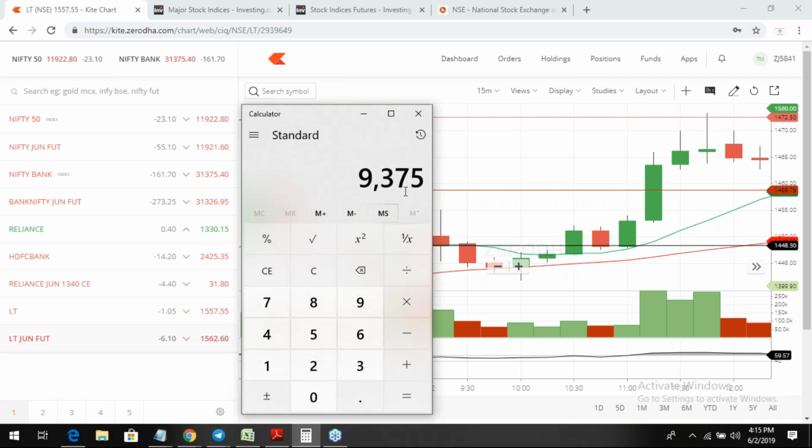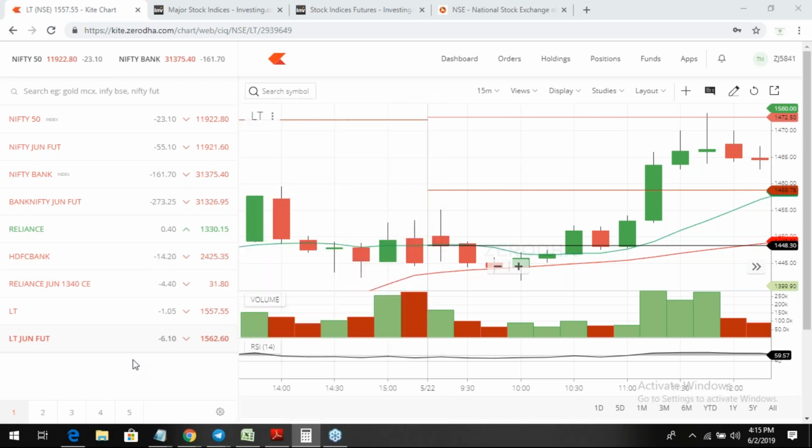Do you really think FIs have only one future lot? They have a number of lots. They quickly go outside and slowly sell small amounts. They are making a loss on spot and making a profit on futures.